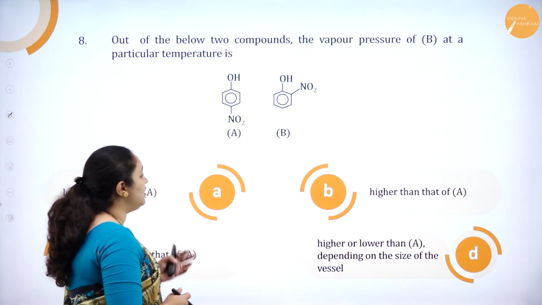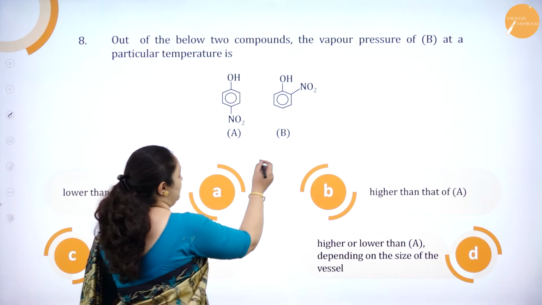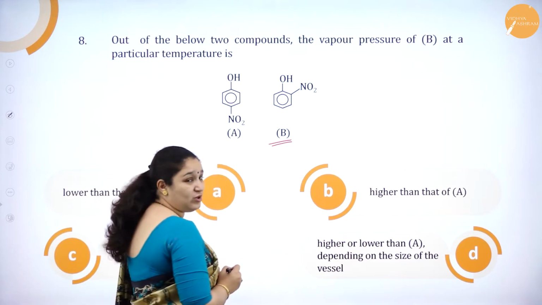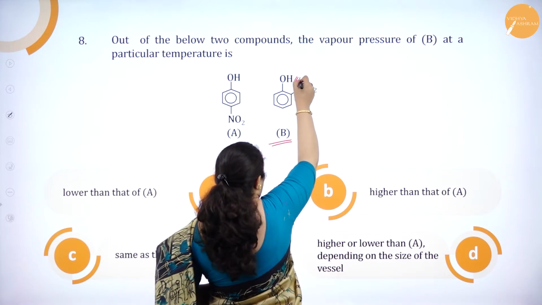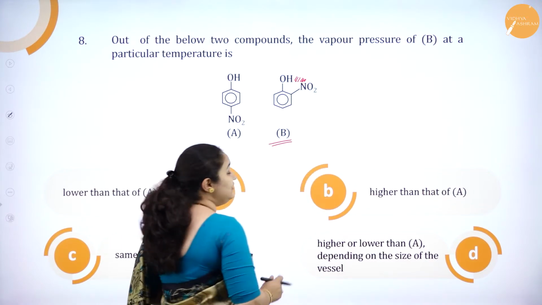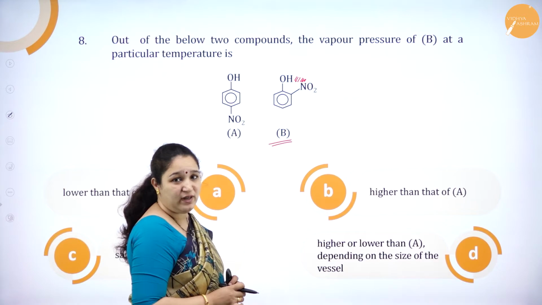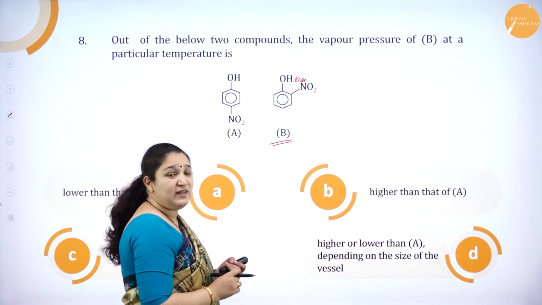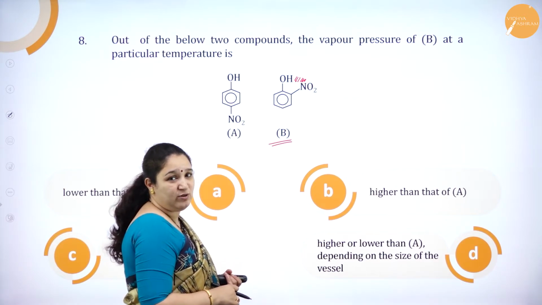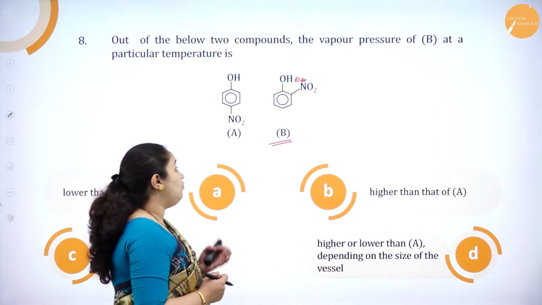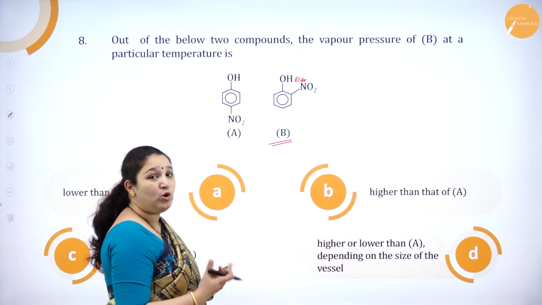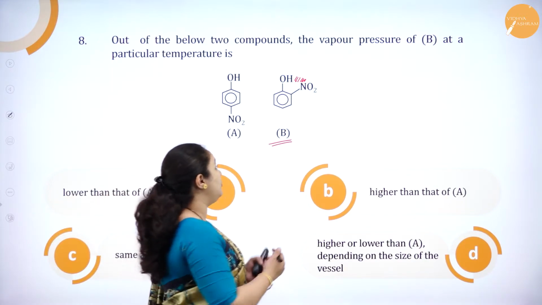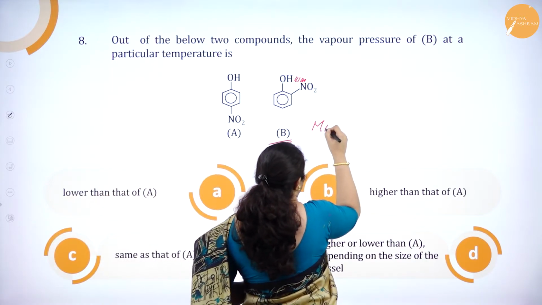So if you observe B, what is this? Orthonitrophenol. In orthonitrophenol, there is an intramolecular hydrogen bonding. Correct? So when there is an intramolecular hydrogen bonding, then what happens? The molecule will be more volatile, or this compound is more volatile.